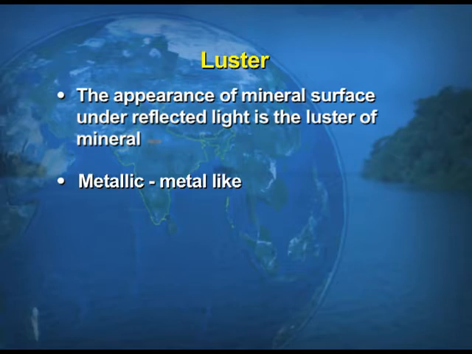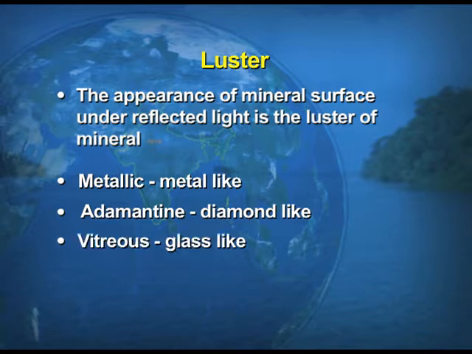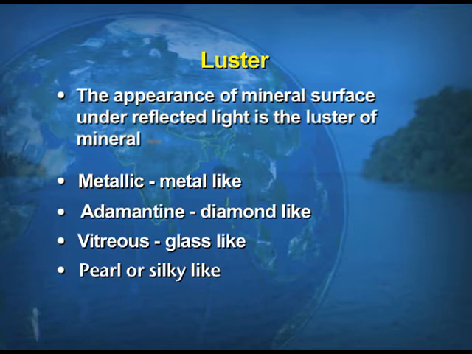We also talk about adamantine, that is diamond-like. We talk about vitreous, which has a luster like glass, or we can talk about pearly or silky. So, these are the different terms which we use for the luster of the mineral.